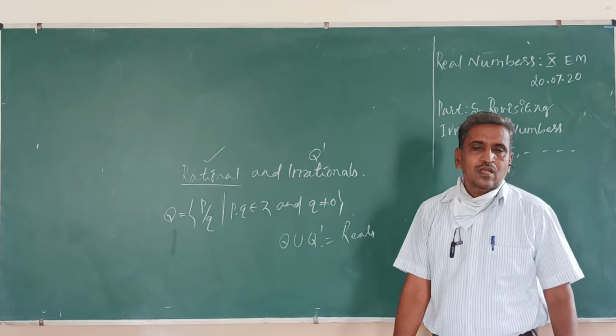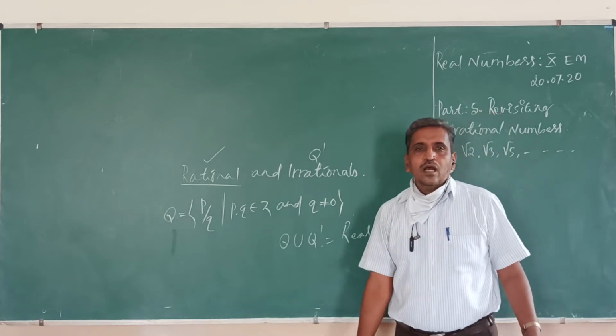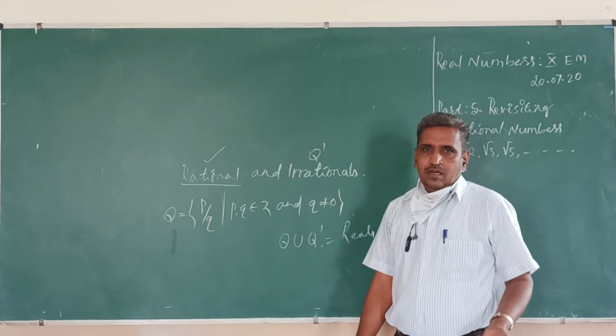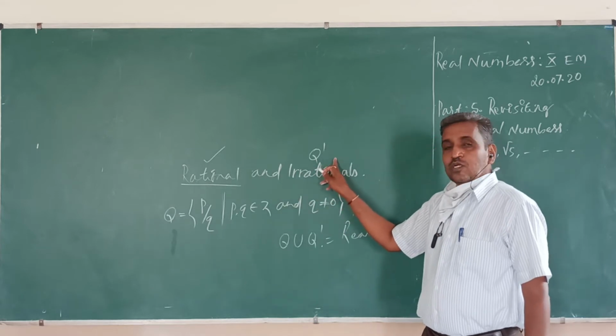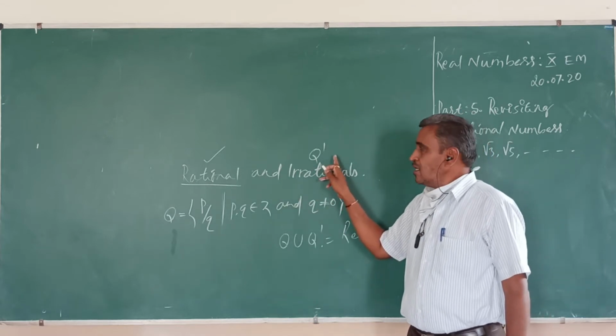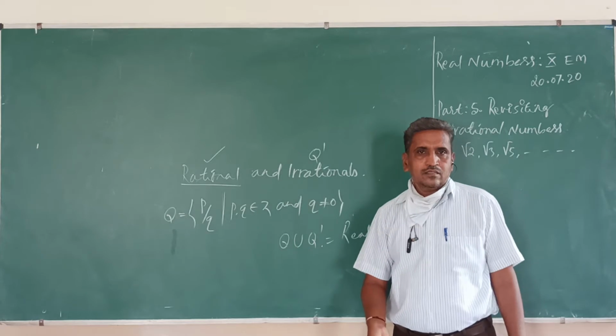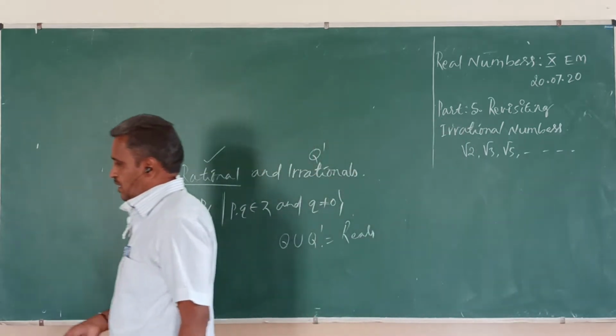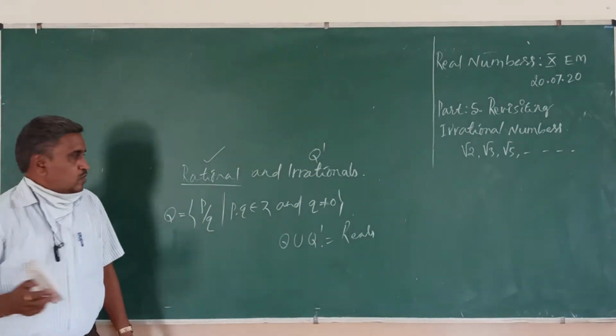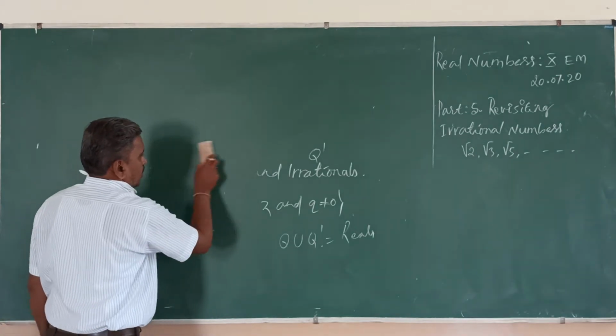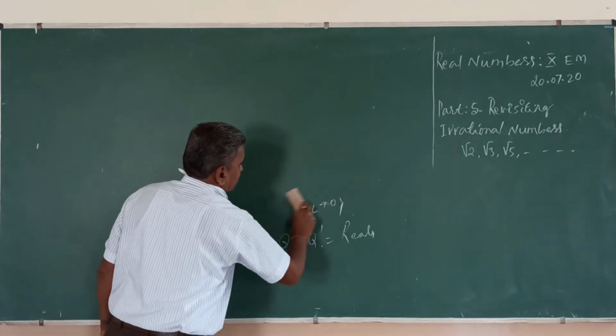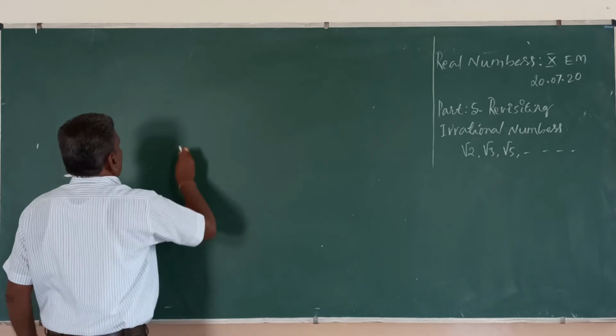Already we have learned so many things: the fundamental theorem, the division lemma. And now, how are we going to say a number is an irrational number? Just take an example, root 2.